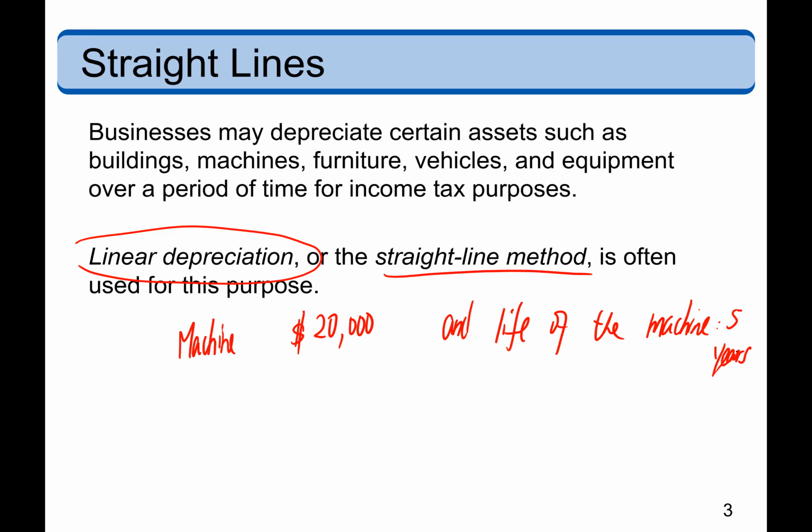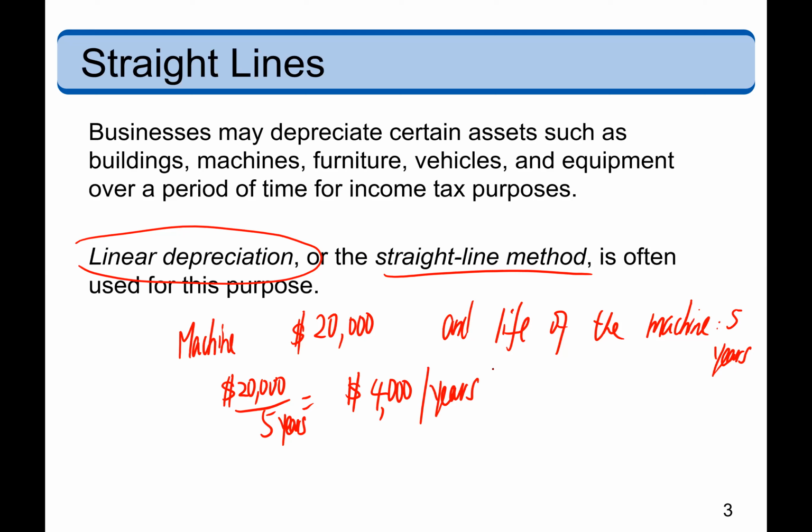That means for income tax purposes, every year you'll be able to depreciate $4,000 of the machine by simply dividing 20,000 by 5. You get $4,000 per year, for 5 years. So every year on the corporate income tax return, you'll be able to subtract $4,000 from the income of the company.